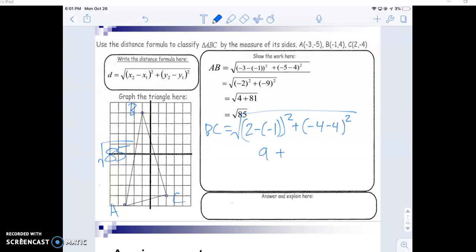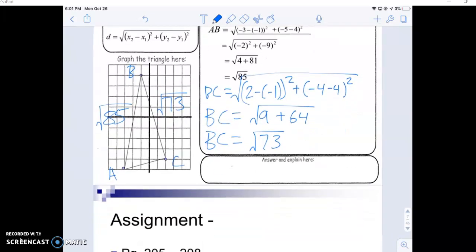Negative 4 minus 4 is negative 8, and negative 8 squared gives us 64. So the answer is the square root of 73. BC is square root of 73.